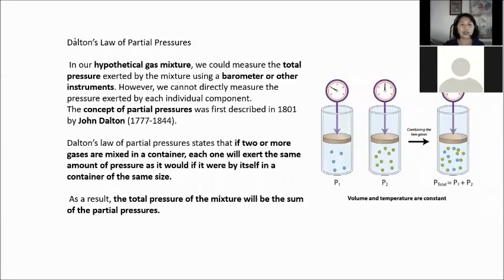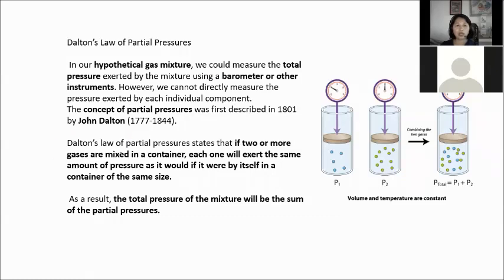Okay, so next is Dalton's law of partial pressure. In our hypothetical gas mixture, we could measure the total pressure exerted by the mixture using a barometer or other instruments. However, we cannot directly measure the pressure exerted by each individual component. The concept of partial pressures was first described in 1801 by John Dalton.